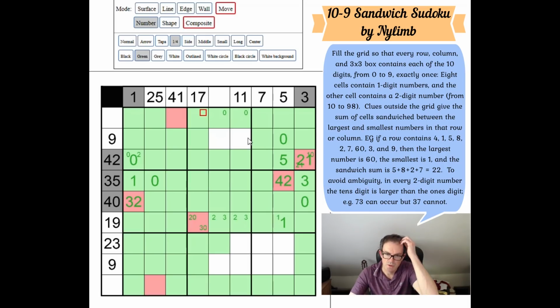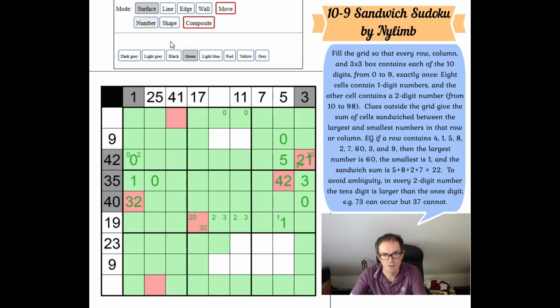Although maybe it could. No, hang on, let's think about that. If this square is a 2-digit sum, we know it can't include a 0. So we know the 0 is going to be the boundary of the 11th clue if this square is a 2-digit sum.